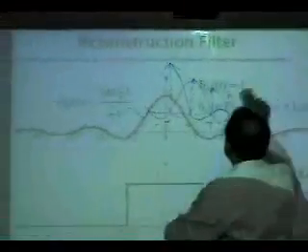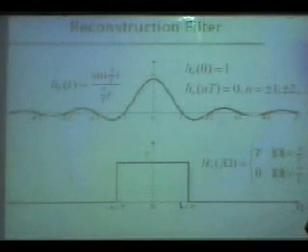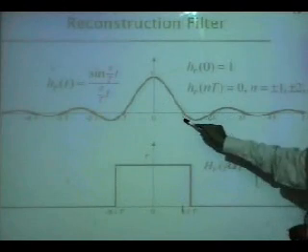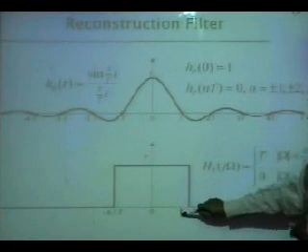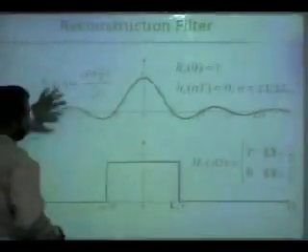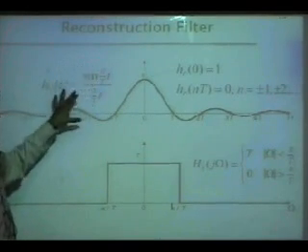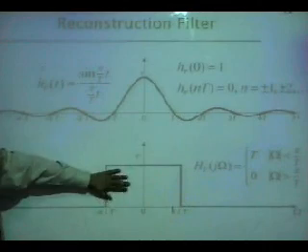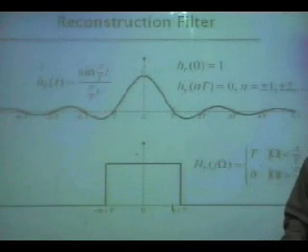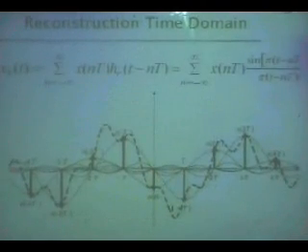I'll show you a MATLAB simulation as well, an interesting simulation which tells you how the reconstruction is done. But remember, this thing always passes through T, 2T, 3T by virtue of its cutoff at pi over capital T. By virtue of its cutoff at pi over capital T, its time domain is h_r(t) equals sin(pi t/T) over (pi t/T). So this is the inverse Fourier transform of this function, and we are saying you make copies of it at every sample, so this is the sinc, and this is the concept.